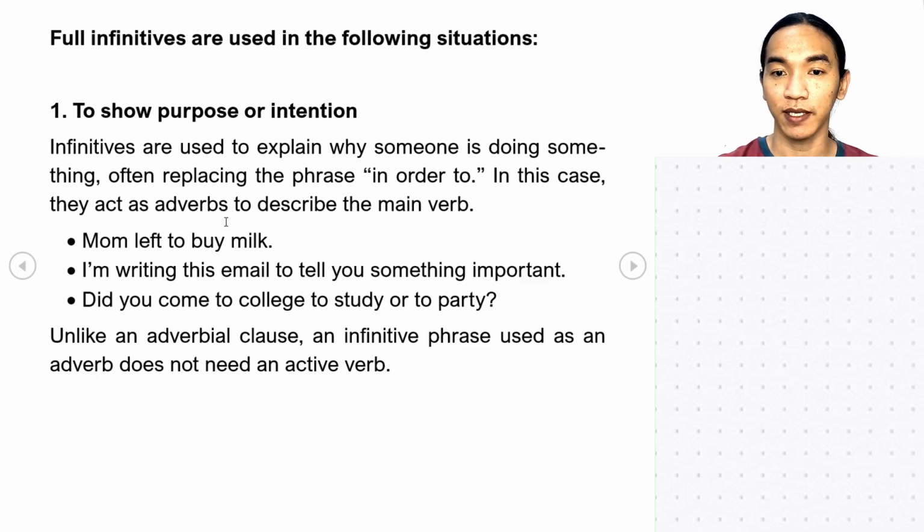That's purpose. I'm writing this email to tell you something important. Did you come to college to study or to party? Unlike an adverbial clause, an infinitive phrase used as an adverb does not need an active verb. So we can see that they act as an adverb in this situation. Please remember that.